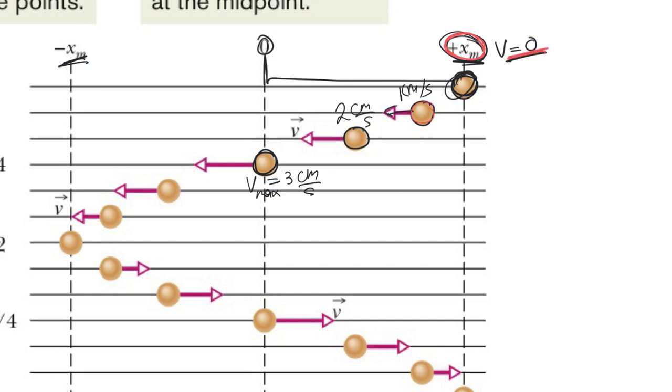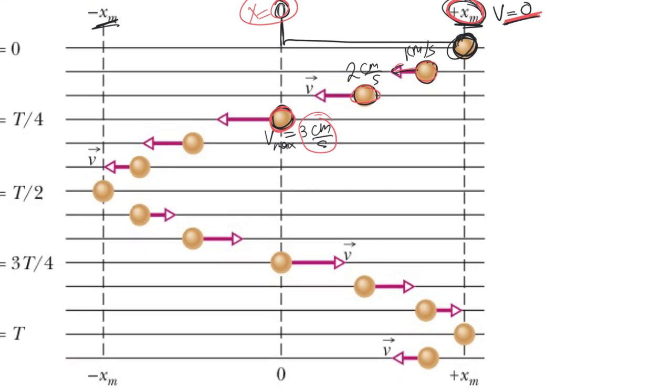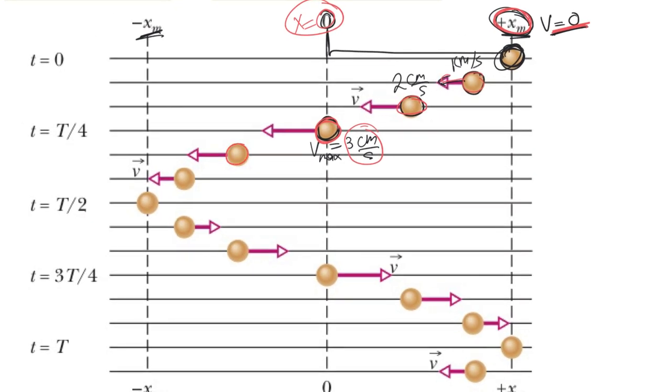When the position starts to go to the reference point, or to 0, the velocity starts to increase. At the midpoint, when the position is equal to 0, the particle has the maximum velocity, which for example here is 3 centimeters per second, and then the particle continues moving.